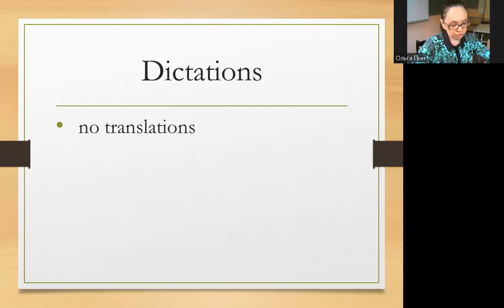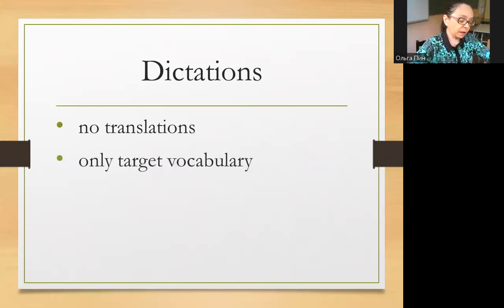Another thing is that you only make dictations with target vocabulary. So if you've read a text, especially in a course book like Starlight, yeah, it's useless and counterproductive making your students learn all the words they have encountered in this text.